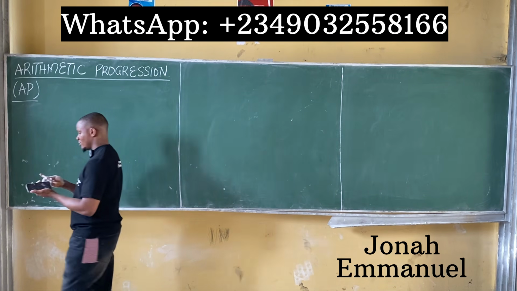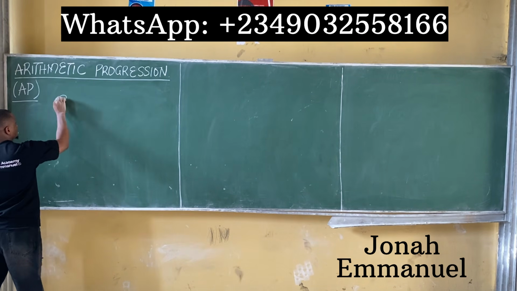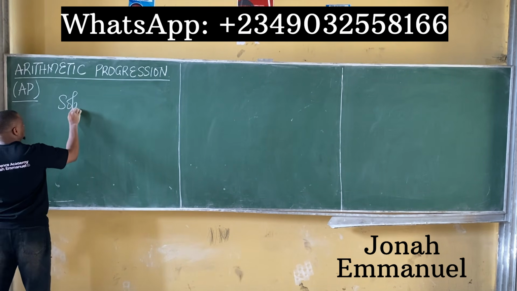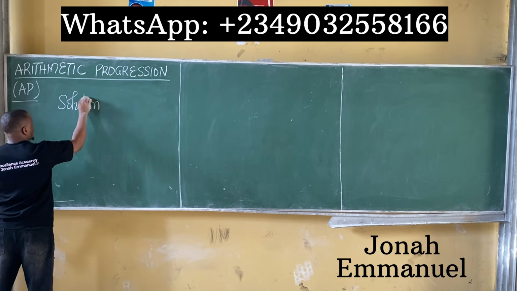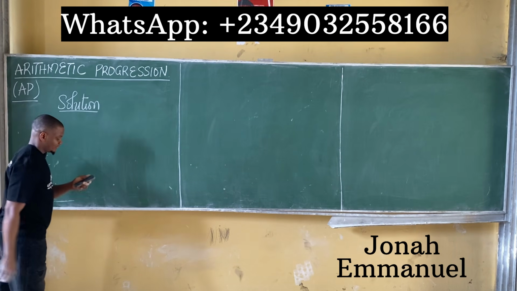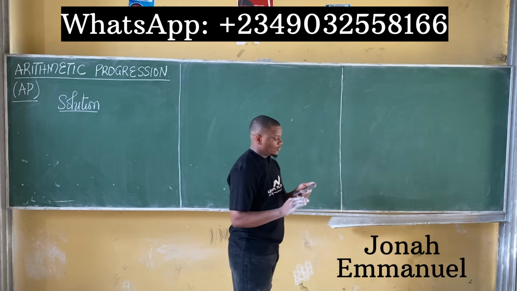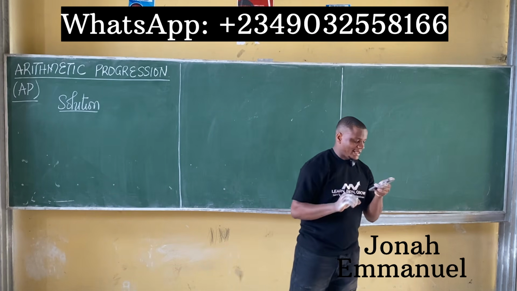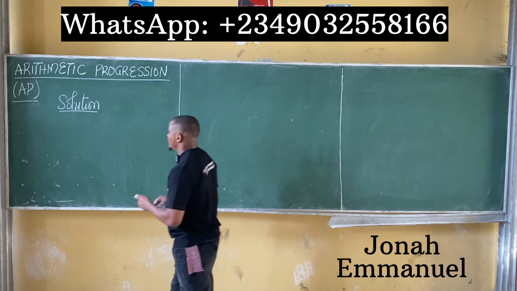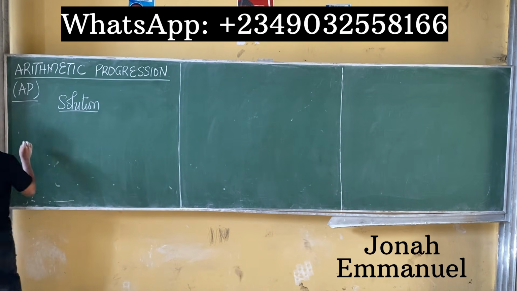All right, so that's your question. For this question, let's take down the solution. So, solution, let's solve this question. What are we given here? We are told that the ninth term of an AP is given.